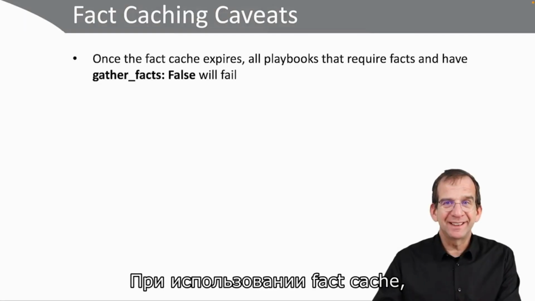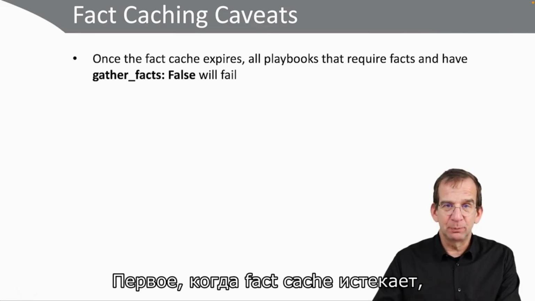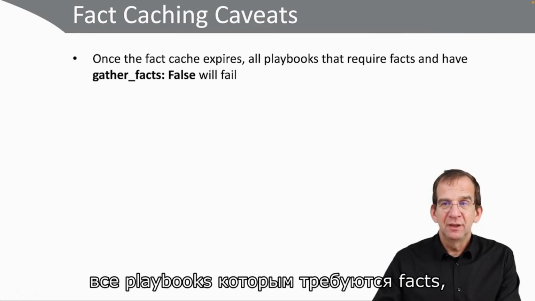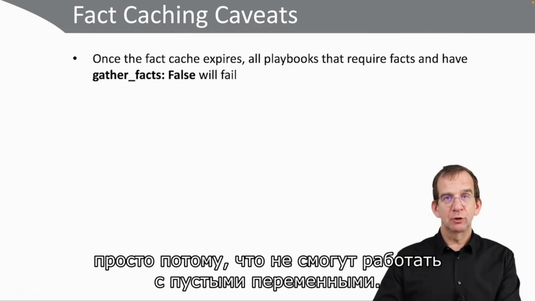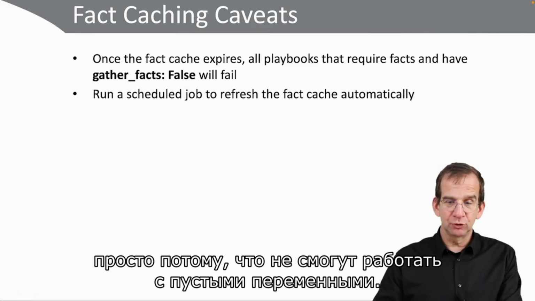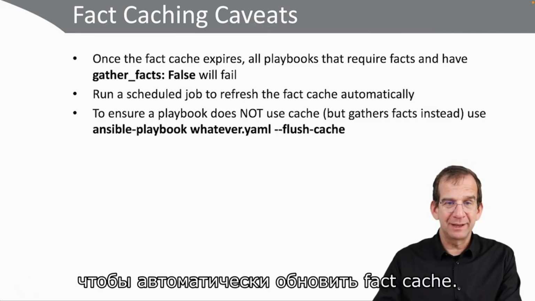While using a fact cache, there are a couple of things to observe. First, once the fact cache expires, all playbooks that require facts and have gather_facts false will fail, obviously, because they will be facing undefined variables. So you might want to run a scheduled job to refresh the fact cache automatically.